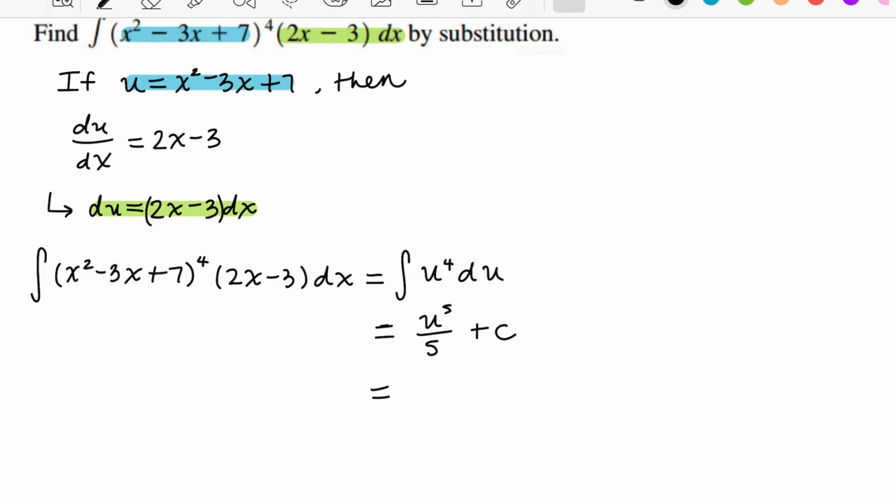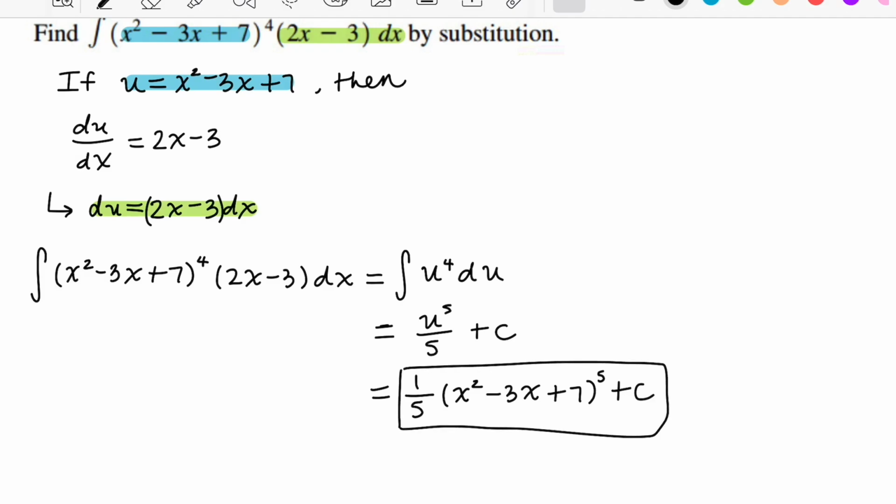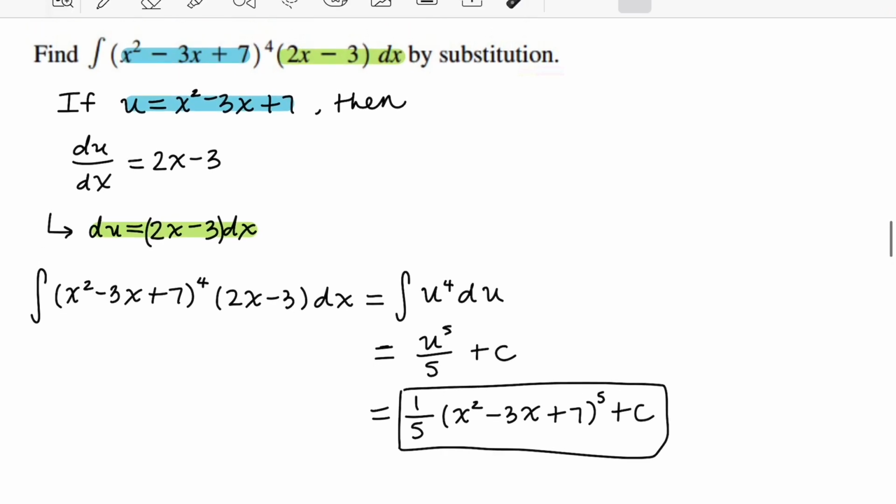So we'll get 1 over 5 times x squared minus 3x plus 7 to the 5th power plus some constant c. And we can check that this is the case, because if we were to take the derivative of this here, we would find that it would be equal to what we're trying to integrate here.